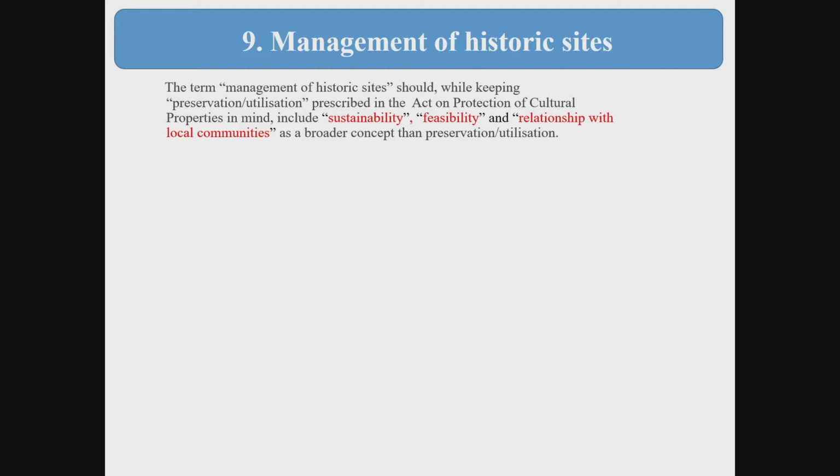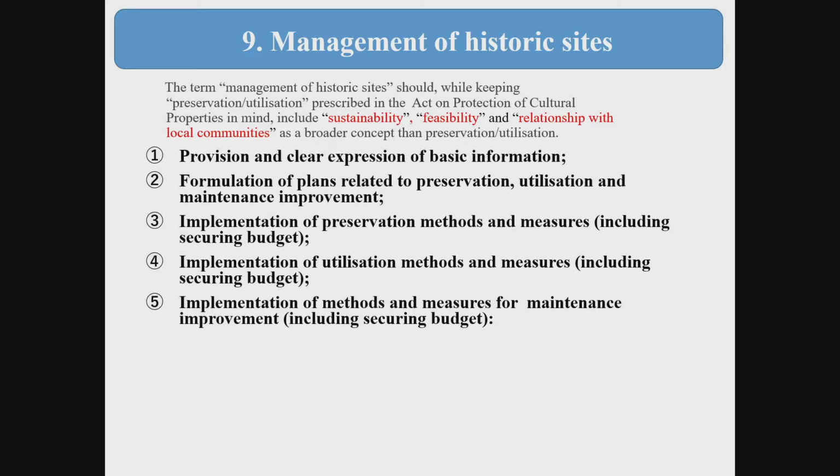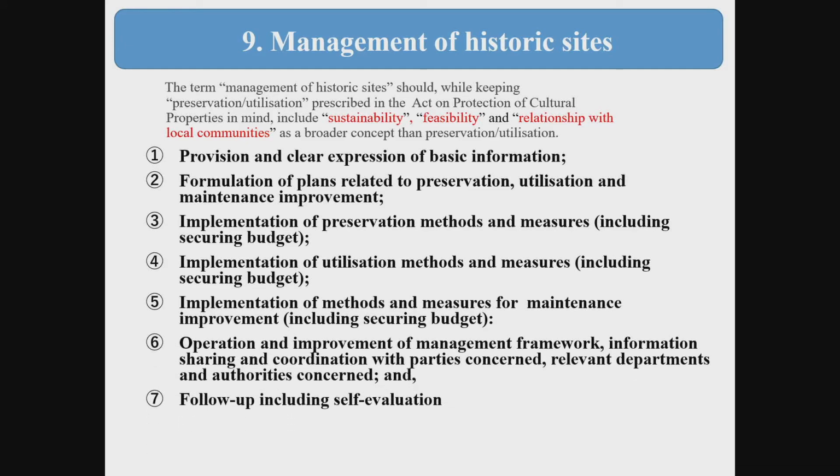To explain the management of historic sites, I list these 7 points as the slide shows. I have already covered numbers 1 to 5, so I'm going to explain 6, framework, and 7, self-evaluation.